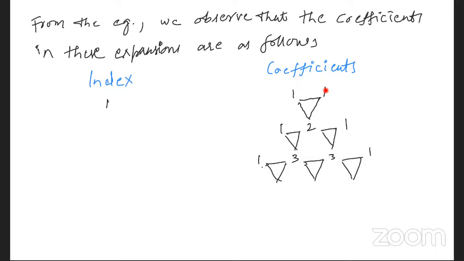So this will be 4, 6 and 4, and 1 and 1 on each end, and again we'll do one more.